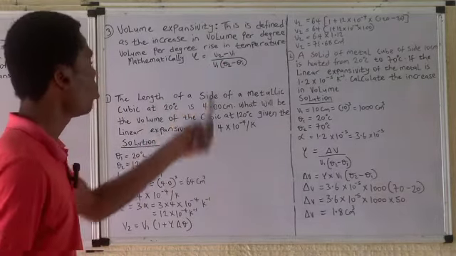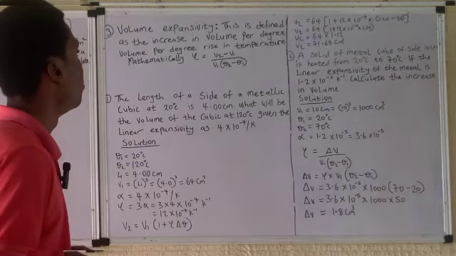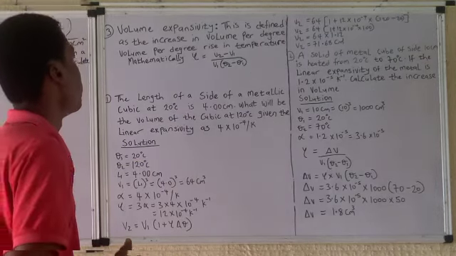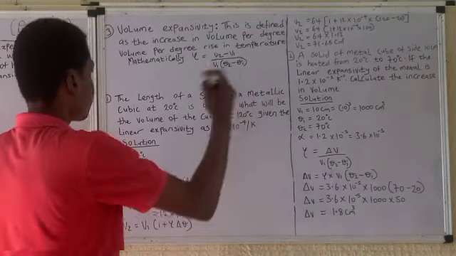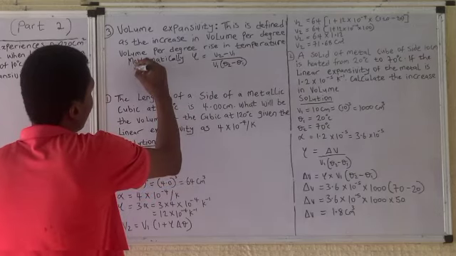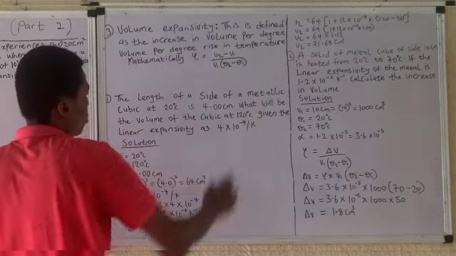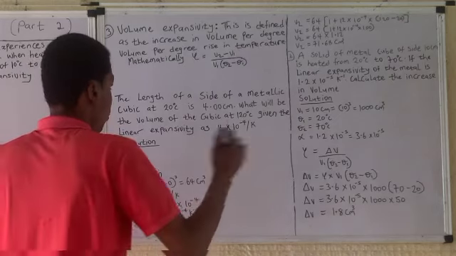So we can also find the formula for calculating change in volume. All we have to do here is just to cross multiply. When we cross multiply, remember our V2 minus V1 is the same thing as our change in volume.